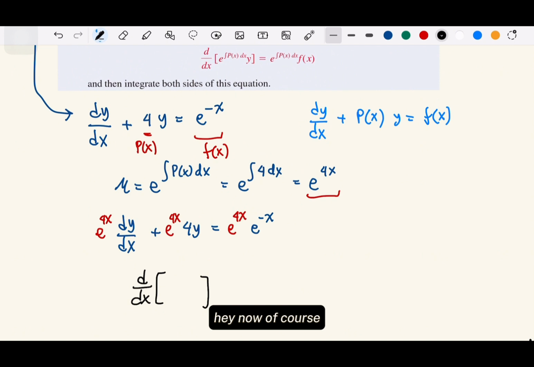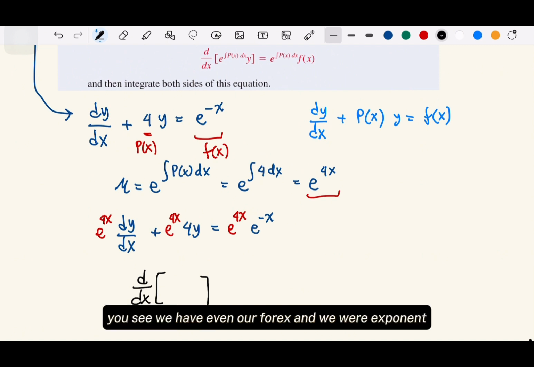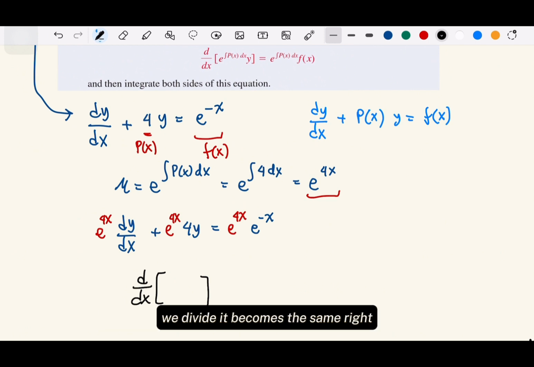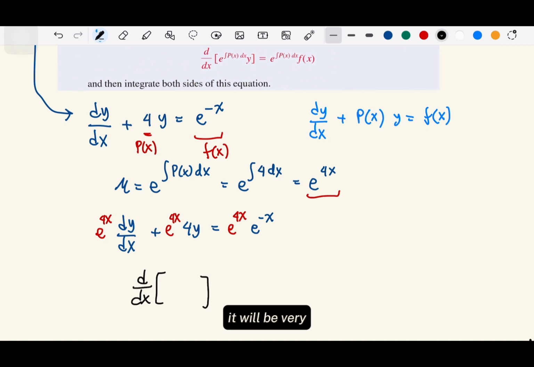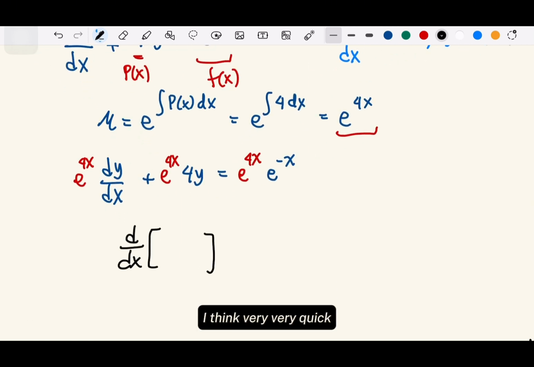Now of course you see we have e to the power of 4x. And remember, when we derive an exponent it becomes the same exponent with multiplication from the chain rule. So sometimes we just take some trial and error, but I think it will be very quick.